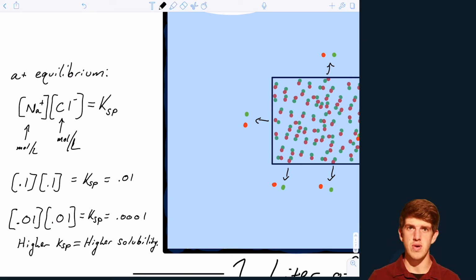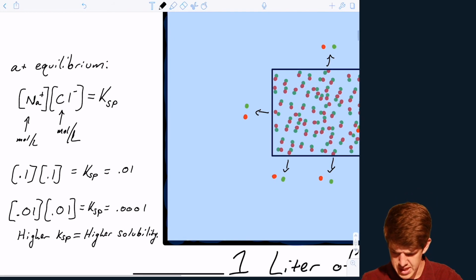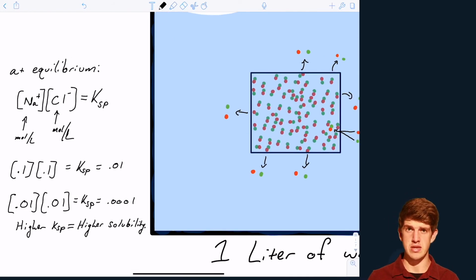So what is Qsp? Well, Qsp is just like the Ksp in that it's the product of the ion concentrations, but it is not the product of ion concentrations at equilibrium. It is just at some given point in time, doesn't matter what time. So when I first introduced this NaCl into solution, I didn't have any dissolved ions. So there, my Qsp was 0.